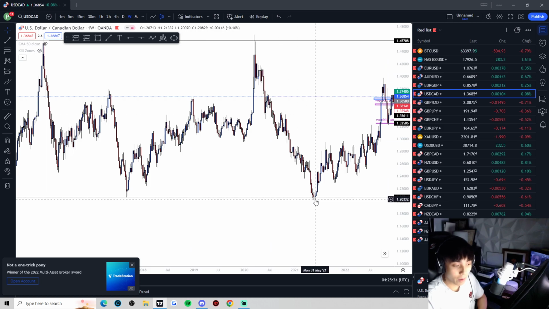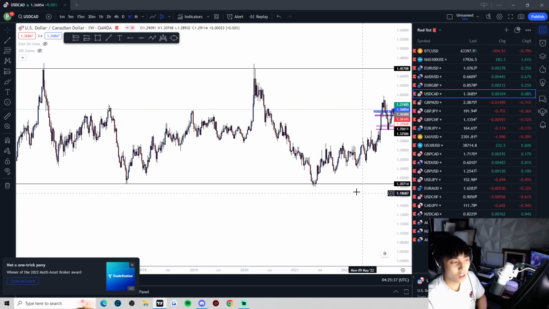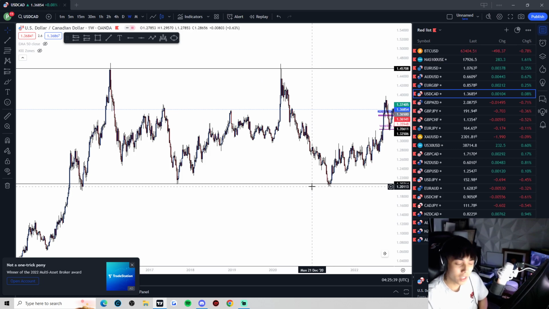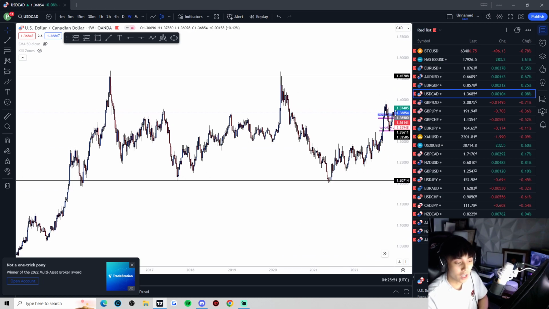It rejected back here. So look at that. Just off of key zones and key levels alone, you guys already have a higher probability of knowing what direction the market's going to head once it reaches these key levels, because it's a strong level of buyers or sellers.